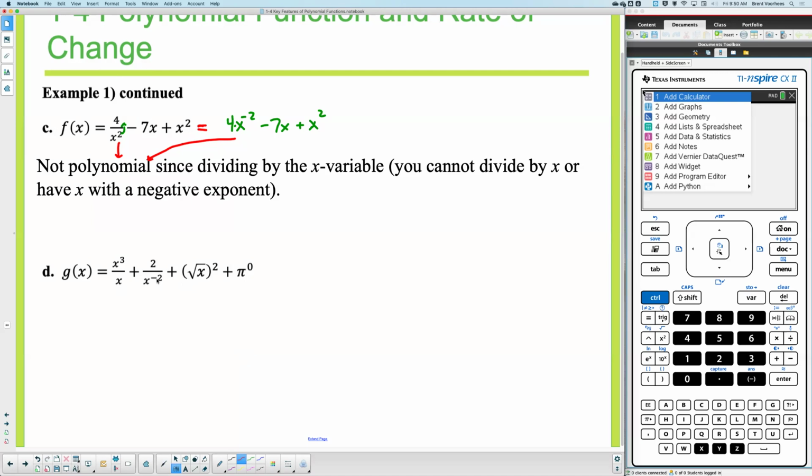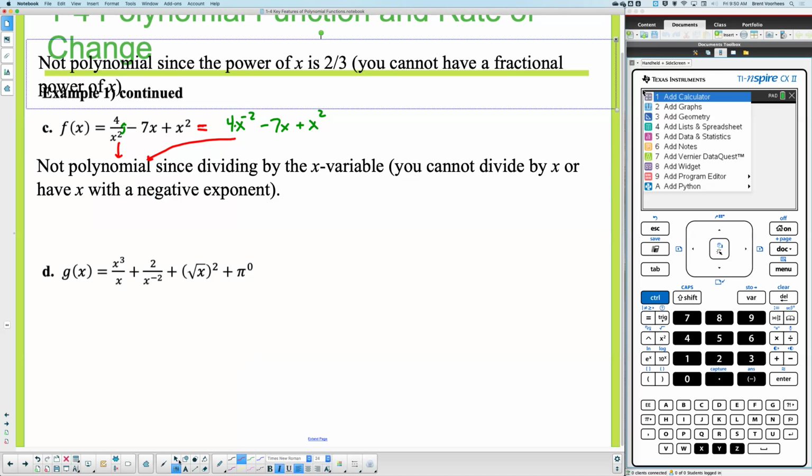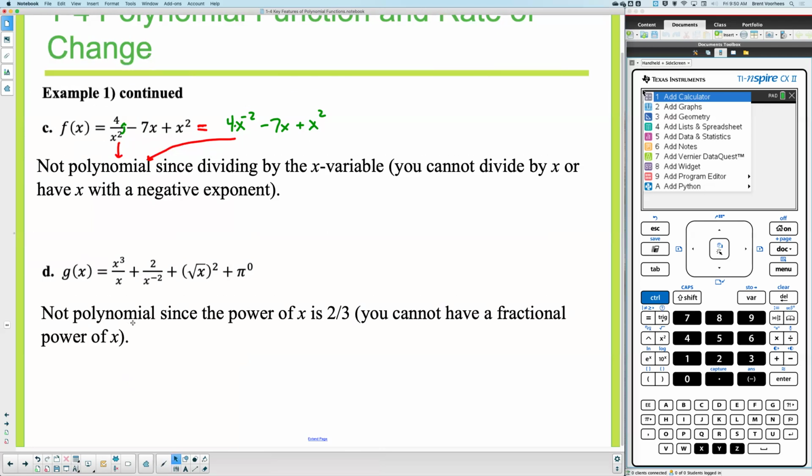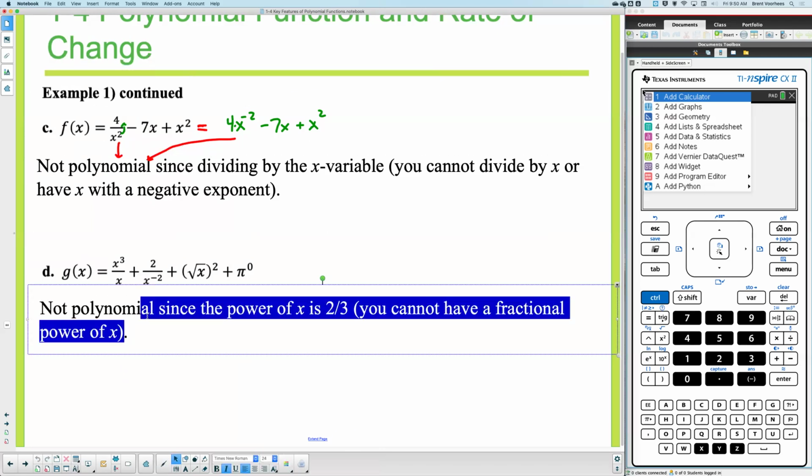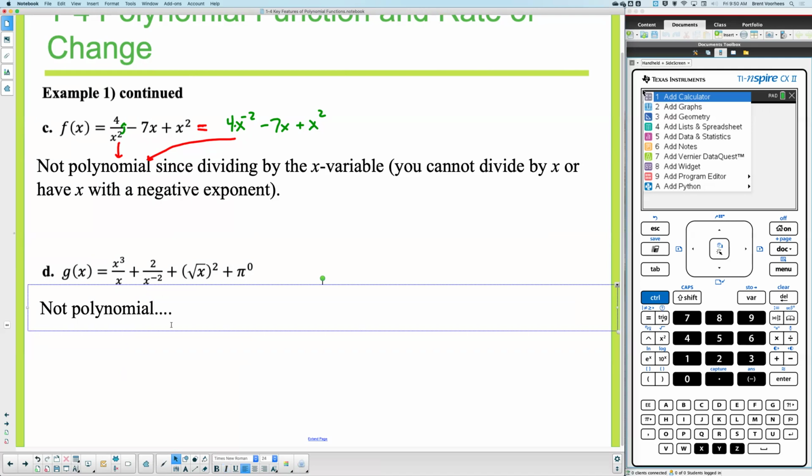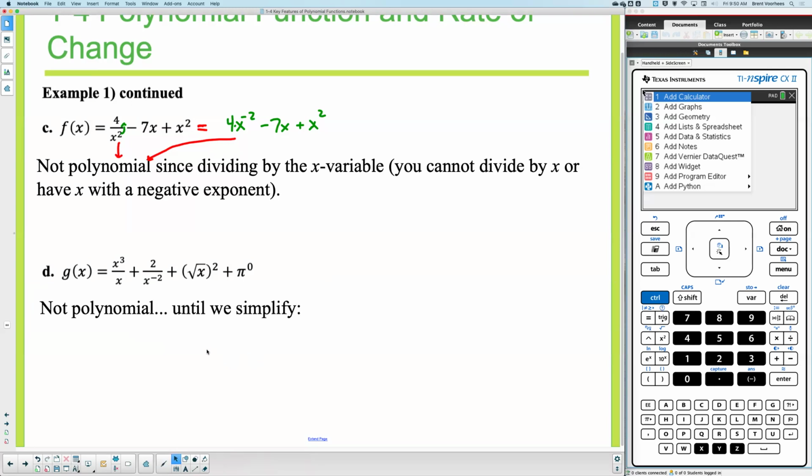Negative exponent, all those reasons. Okay, now this one, we're going to do something different. You're going to like this one because you don't have to write as much. Not polynomial, dot, dot, dot, until we simplify. Now, what do I mean? This can become polynomial.